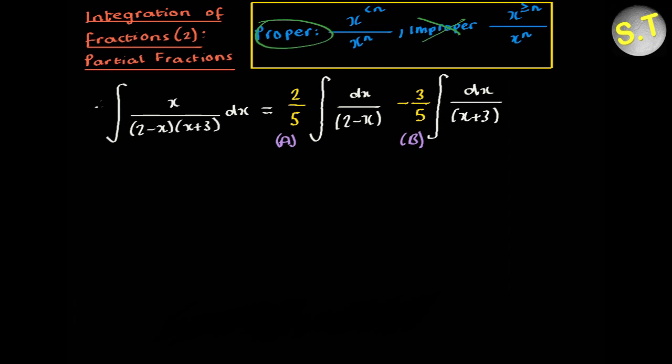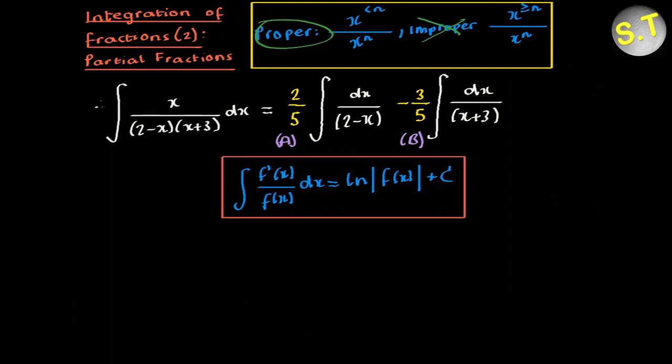So from our previous video, which was calculus 03.4, we know that the integral of the first derivative of some function divided by that function with respect to x is equal to the natural log of that function plus our constant of integration as always. Another option here is to use integration by substitution, which we saw in video calculus 03.2. However, you'll arrive at the same solution.